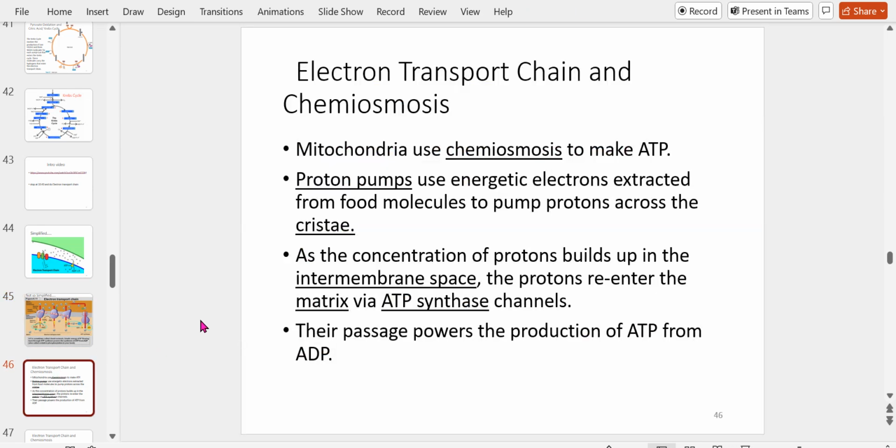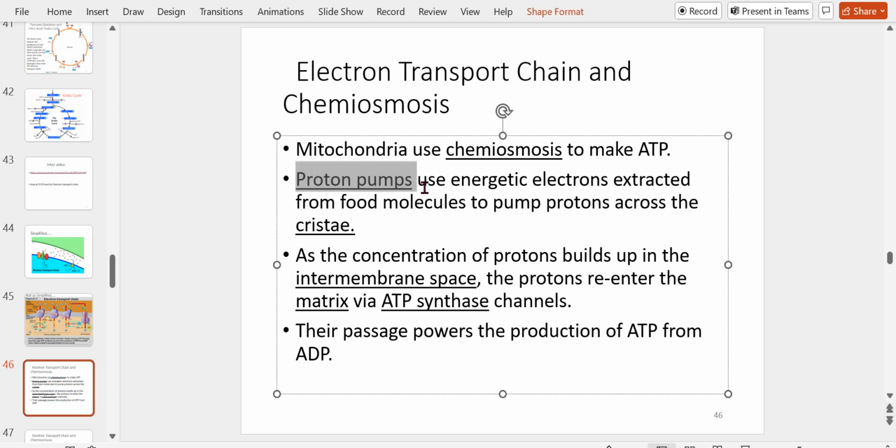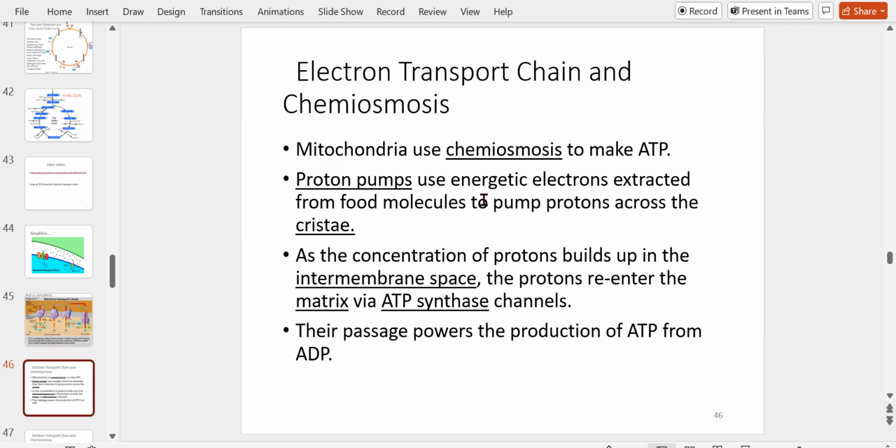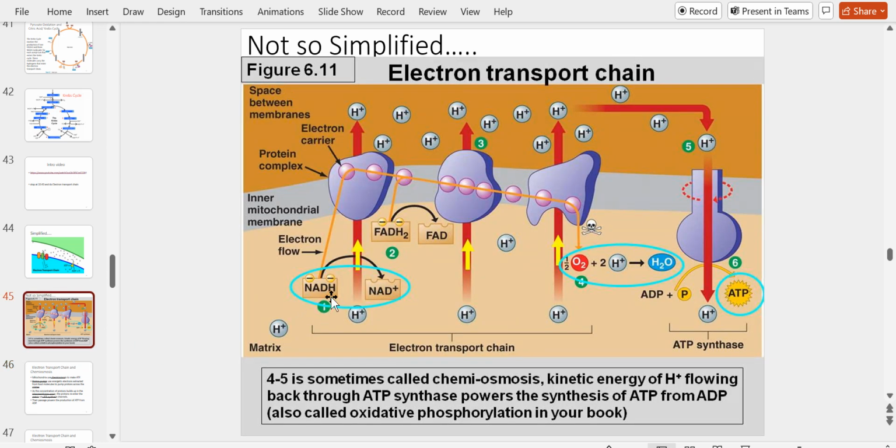So, the electron transport chain and chemiosmosis. Mitochondria use chemiosmosis to make ATP. That proton pump, pumping those hydrogens out, uses energetic electrons extracted from food molecules to pump protons across the cristae. So that's what's going on here.